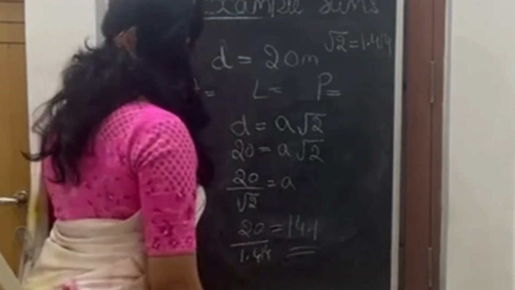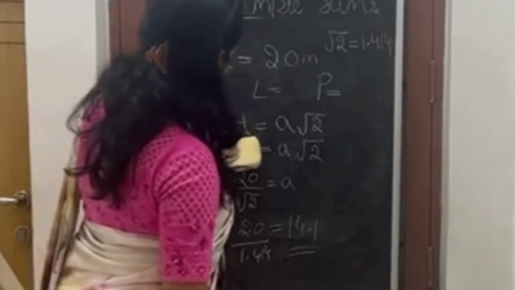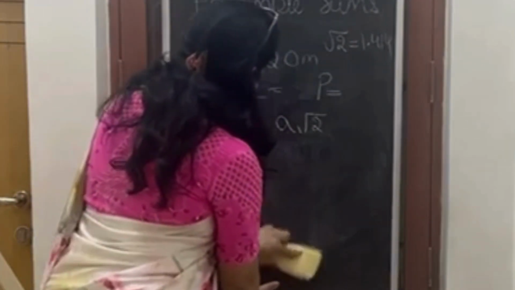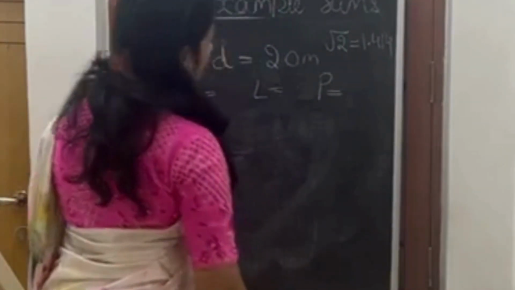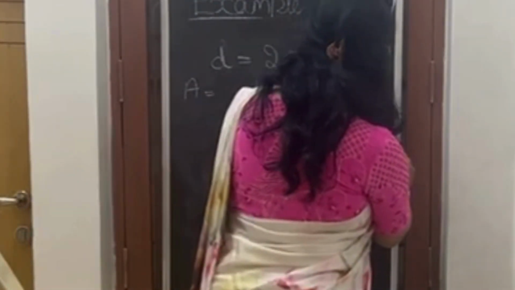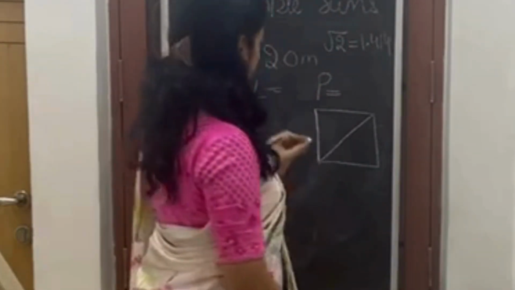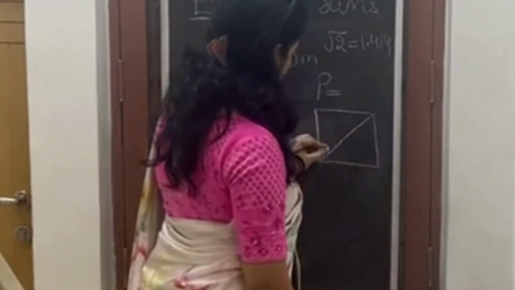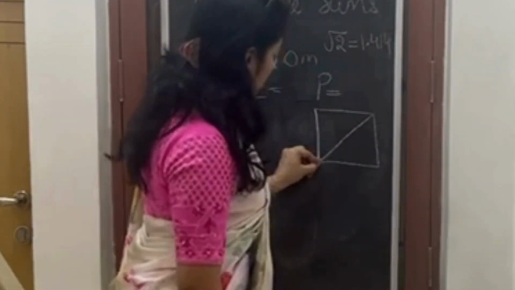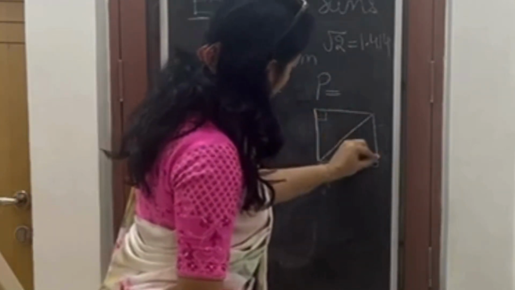I can do another method also. If you want me to teach, I can teach you that method. One more method to solve this is the Pythagoras theorem. You people might remember the Pythagoras theorem. It is used every year in mathematics. This is my square, this is the diagonal. Because this is a right angle, square has all right angles, correct?